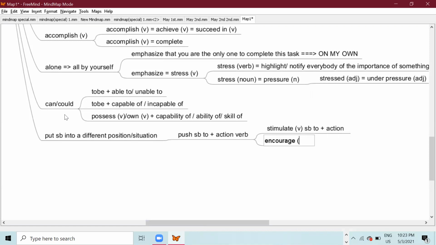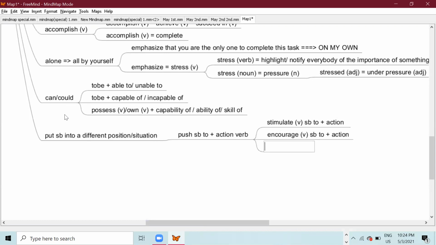Encourage somebody to do something. Or the last one: if you don't want to make other people do good things, you will say bad things to other people just to make them feel sad, just to make them give up their dreams. If you make other people give up their dream because you don't want them to be better than you, you will use the word discourage.